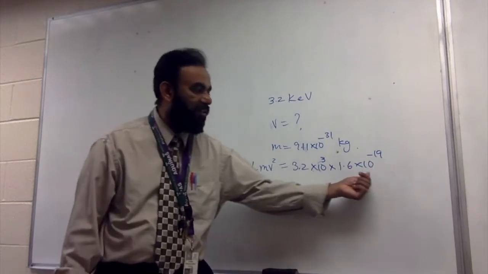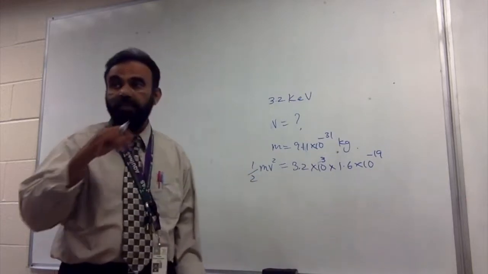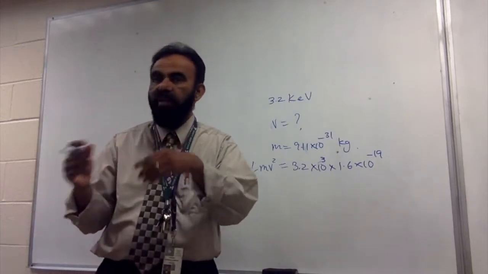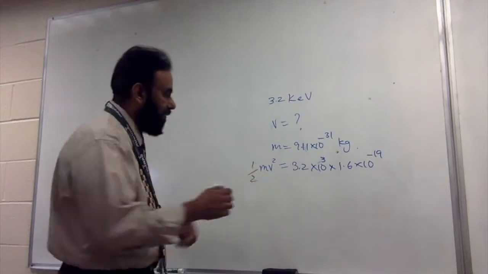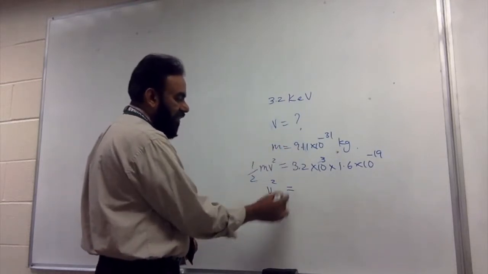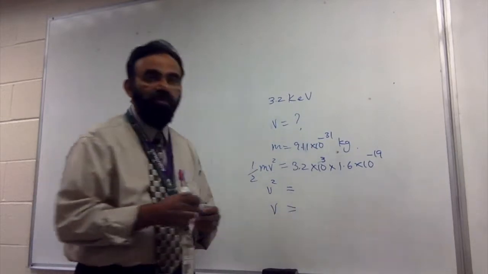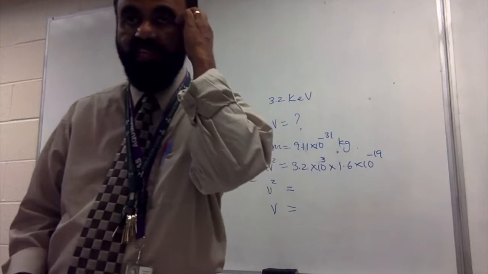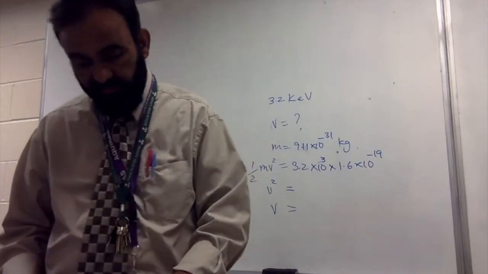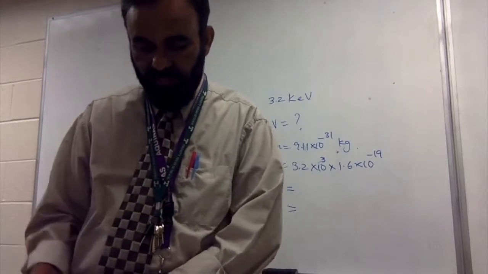So kilo electron volts, remember these things. 1 electron volt is the energy acquired by an electron when accelerated by 1 volt. The mass of the electron is given. You find the v squared and then find v. That's all you have to do. And the answer is 3.35 times 10 to the power of 7 meters per second. Everyone's okay with it? Next one.